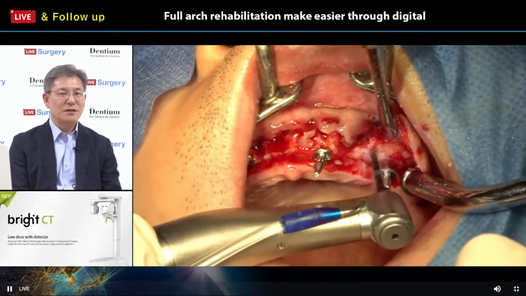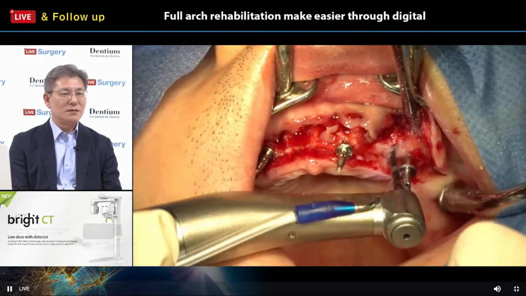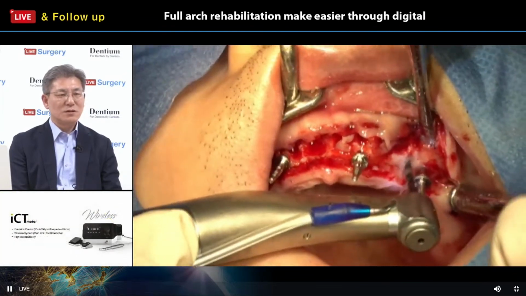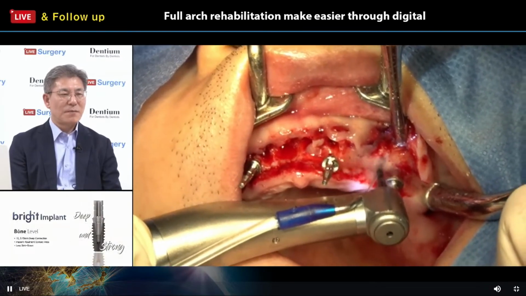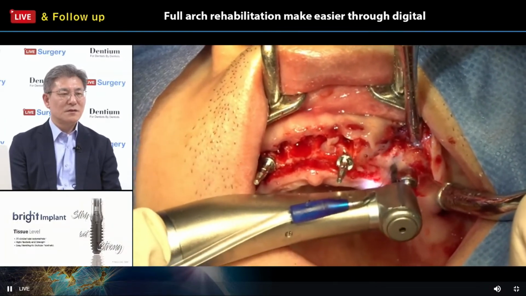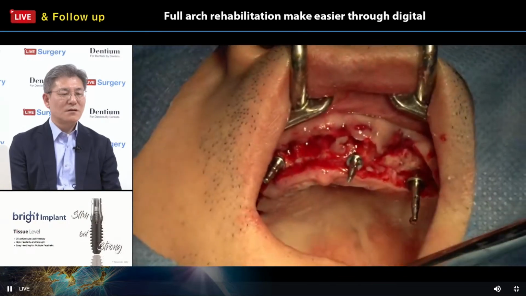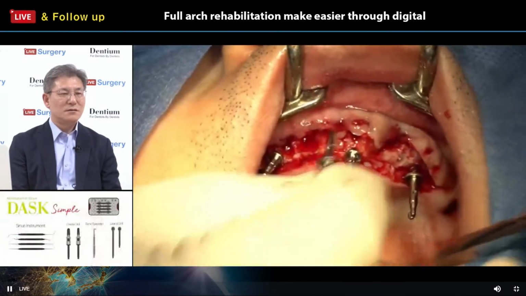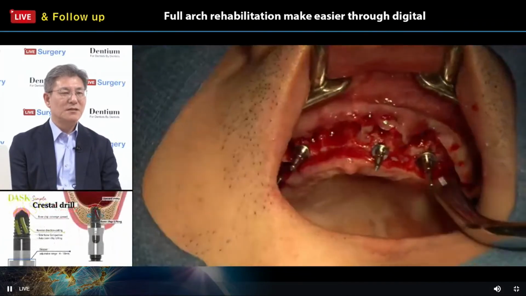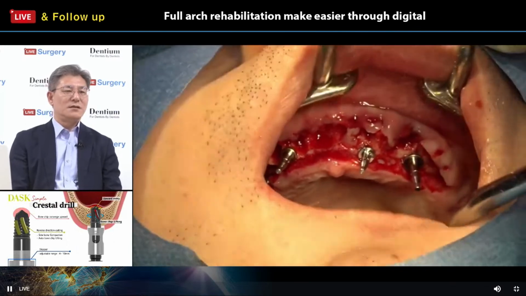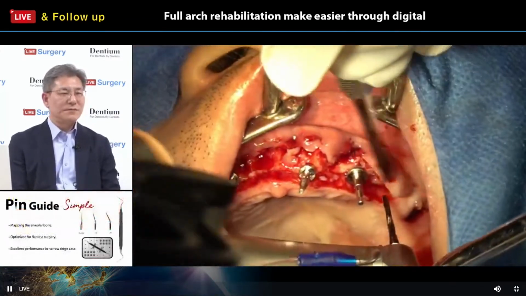Number 14 is similar to the initial point, using the Lindemann drill, moving to palatal a little bit more.